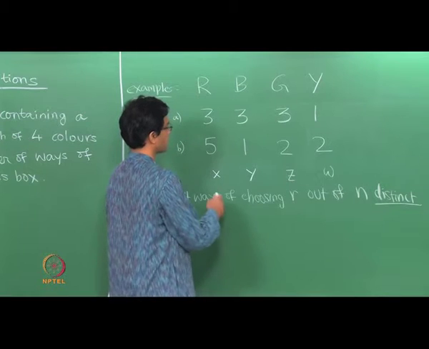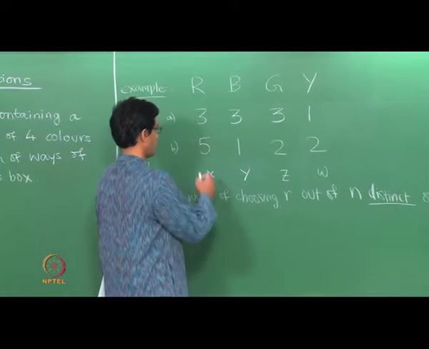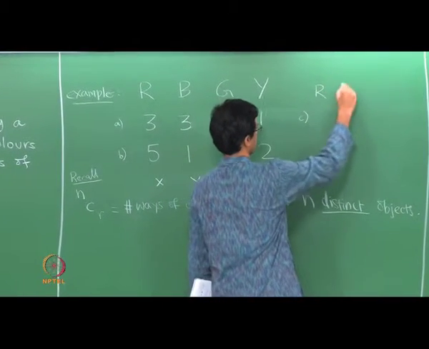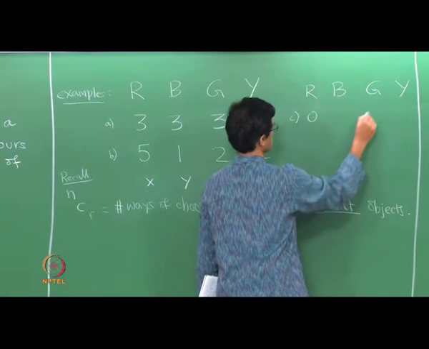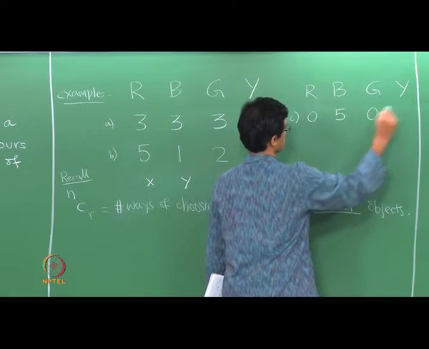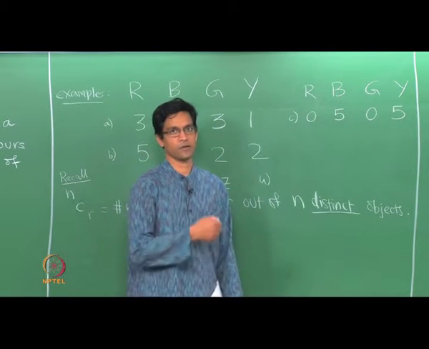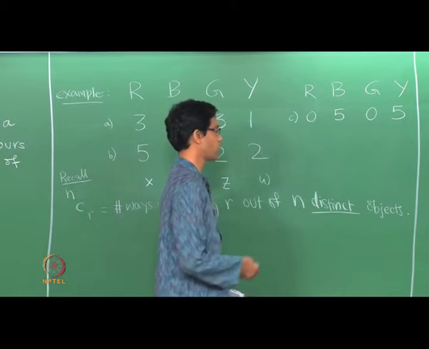So observe here that it is not necessary to choose a ball of a given color. For example, another choice here could be, you may choose 0 red balls, 0 green balls and maybe 5 each of blue and yellow. This is also a valid choice. So you are not required to choose at least 1 ball of each color. You can choose 0 balls for instance.